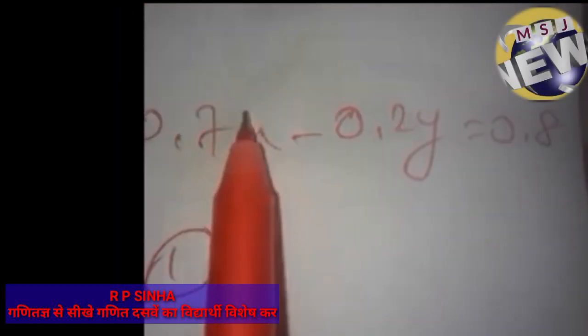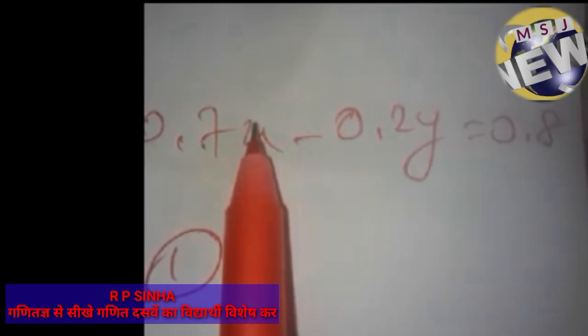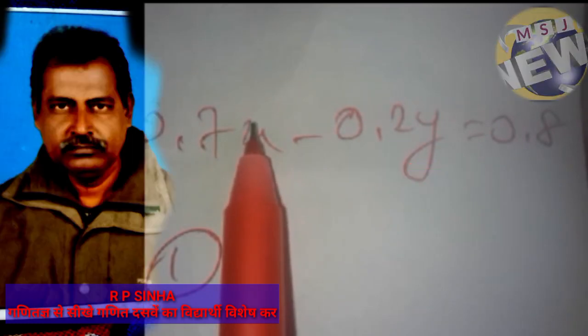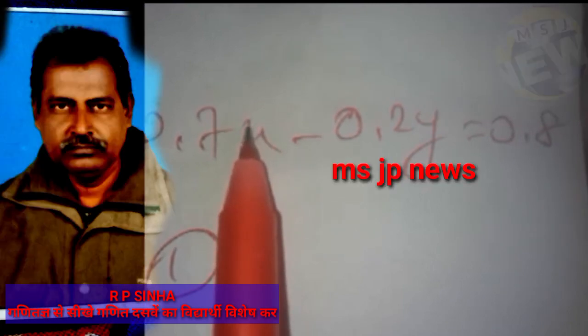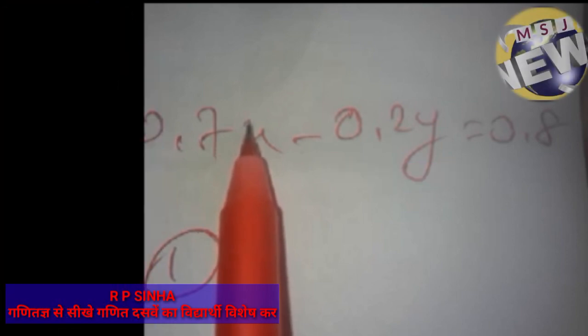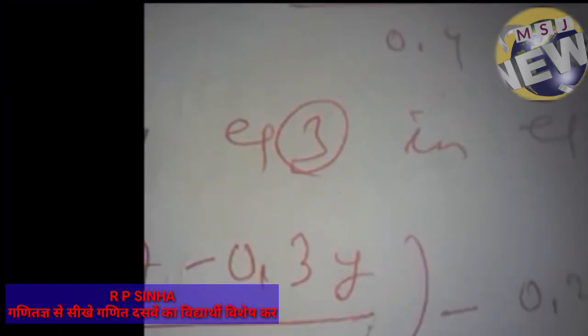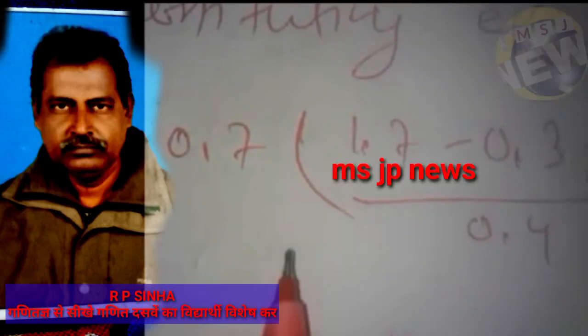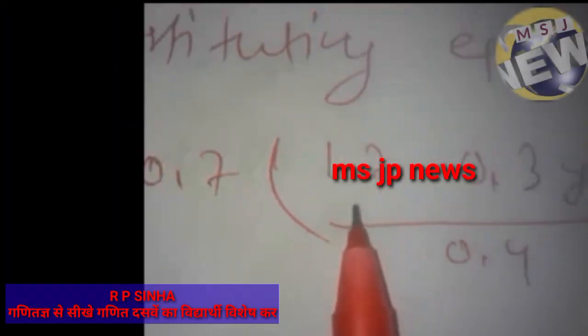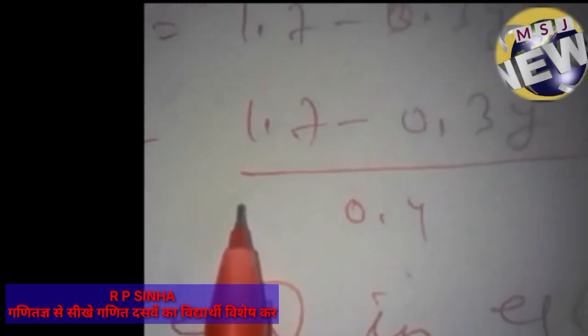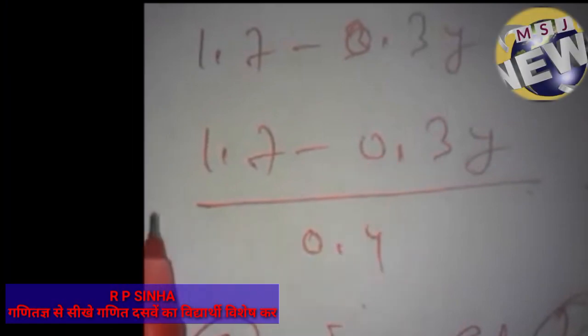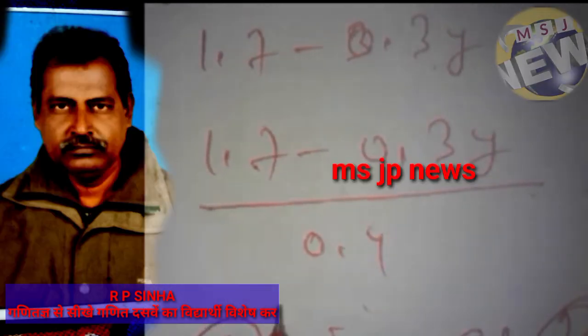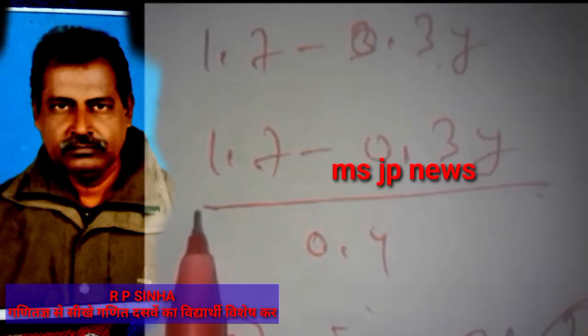We will remove x from here, and the value which we have obtained in equation number 3 will be substituted over here. So 0.7, and we have removed the value of x, substituting 1.7 minus 0.3y by 0.4 from equation number 3 into equation number 2.